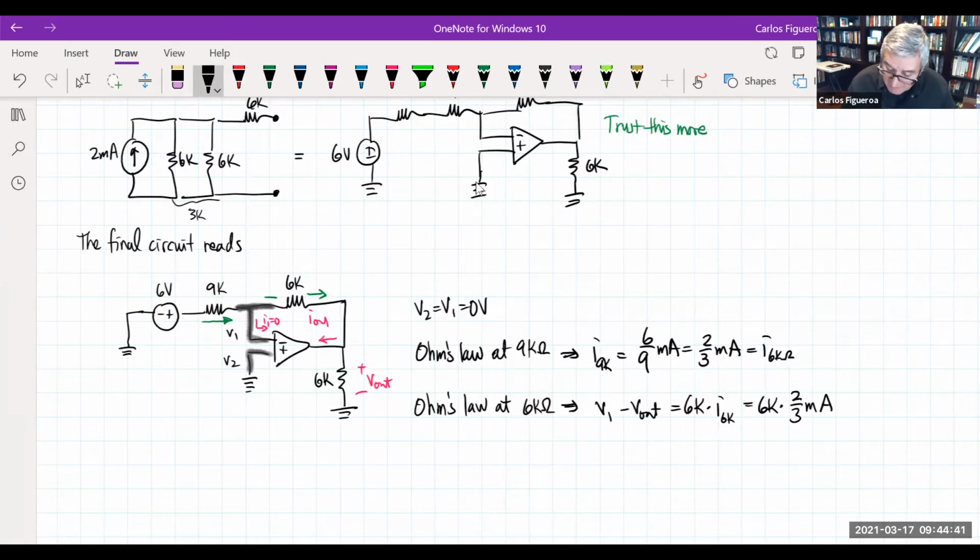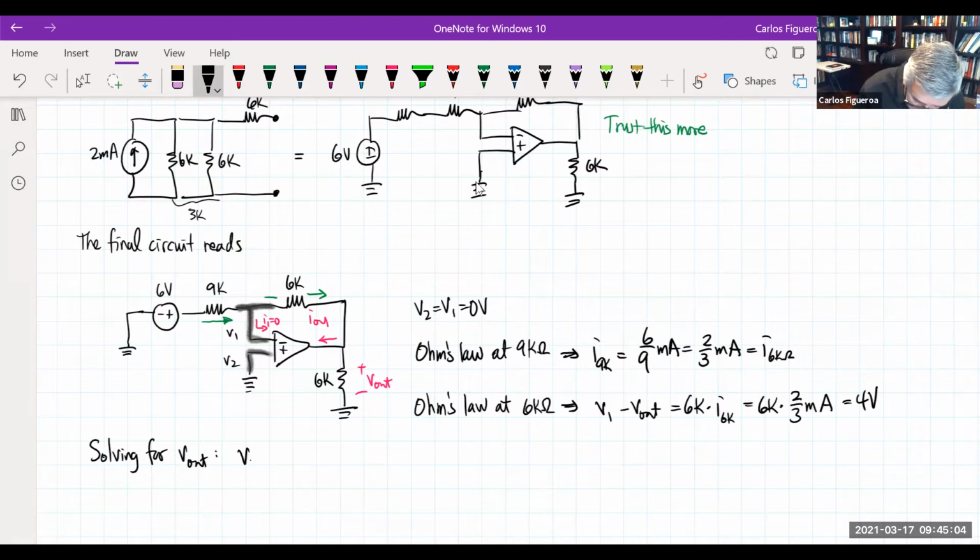So I then get what? I'm going to get 4 volts, sorry. So now solving for V out, what do I get here?